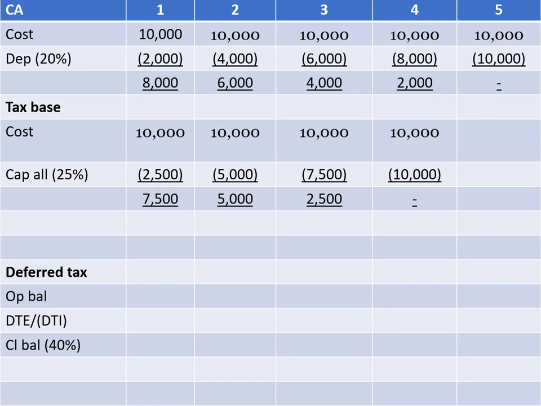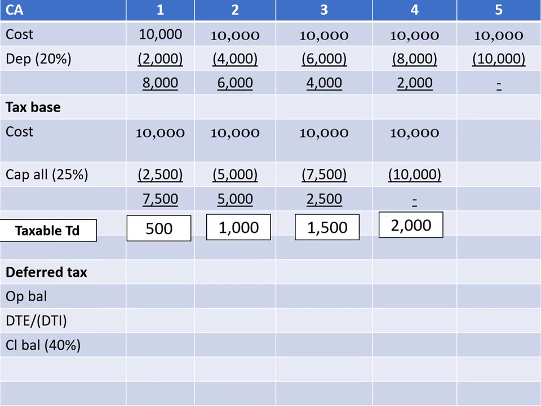Now let's look at our deferred tax. Our taxable temporary difference, as we've said, is the difference between the carrying amount and the tax base. In year 1, 8,000 less 7,500 gives you 500. In year 2, 6,000 less 5,000 gives you 1,000.